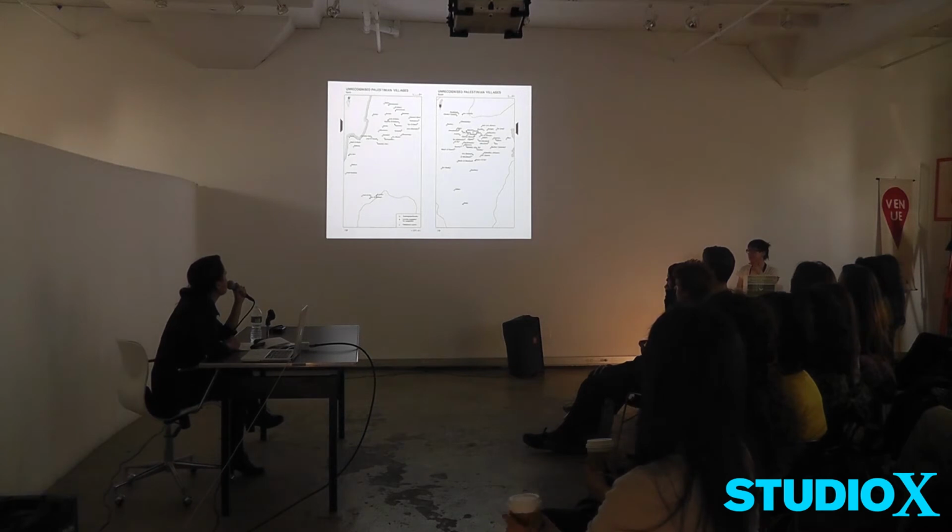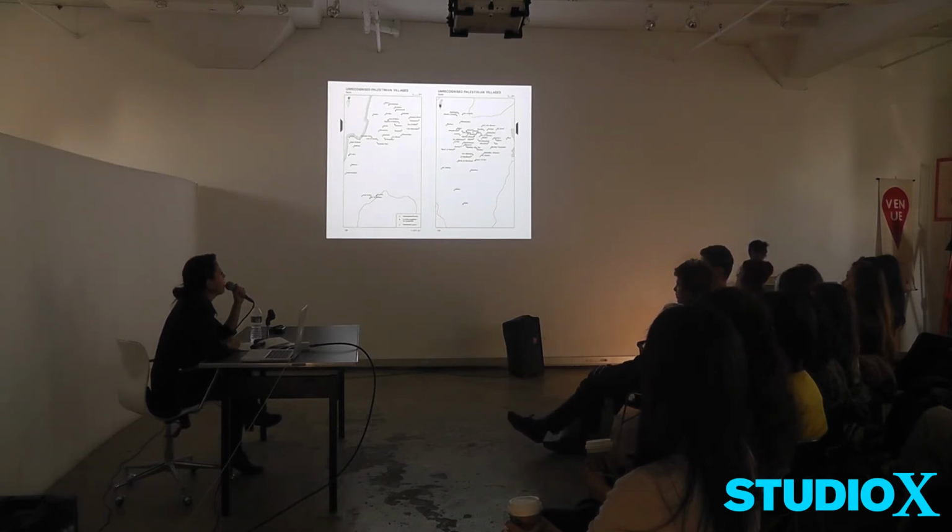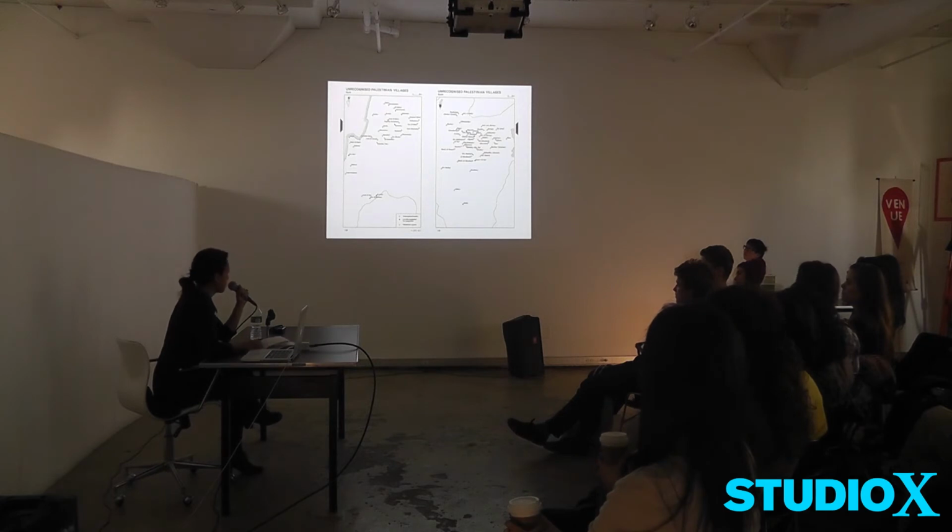These villages do not appear on national maps, official maps, which means that the inhabitants have no address, and therefore they cannot have access to state services like water, electricity, medical care, and education, which are common in Israel and subsidized by the state.